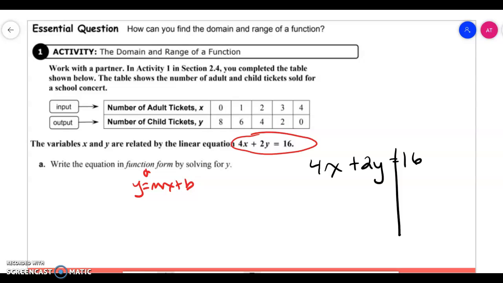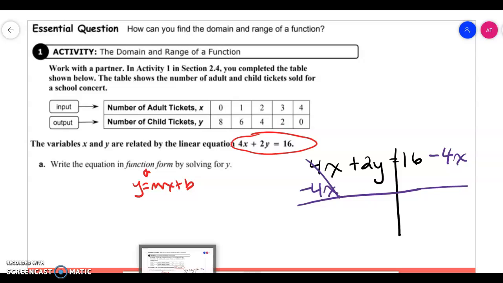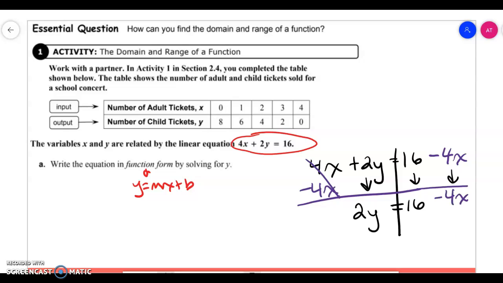So what I need to do is get 2y by itself. How I'm going to do that is subtract 4x from both sides. Remember, we can't combine this 4x and this 16 together because the 16 doesn't have an x. It's just by itself. So 4x minus 4x cancels out, and we're left with 2y equals 16 minus 4x.